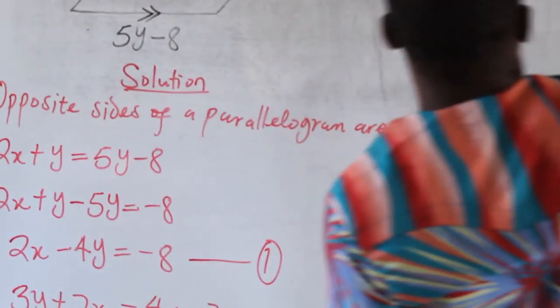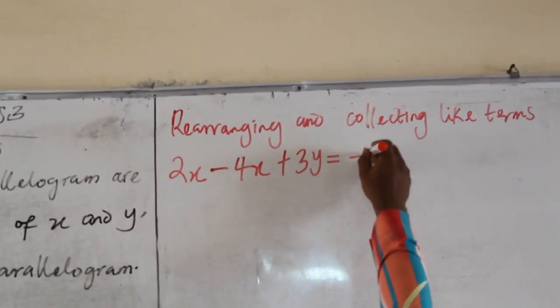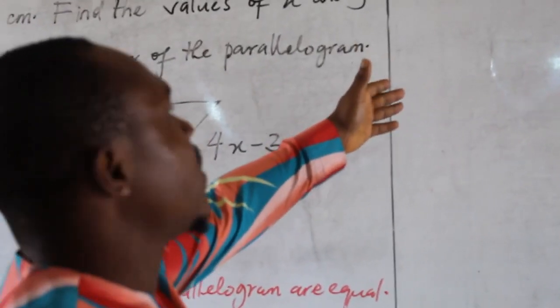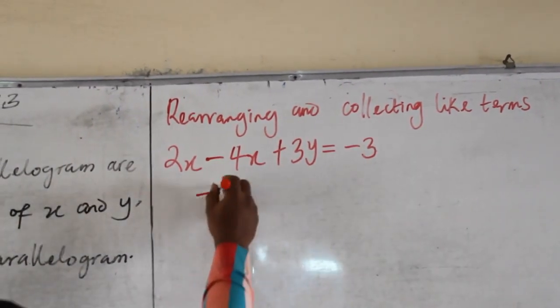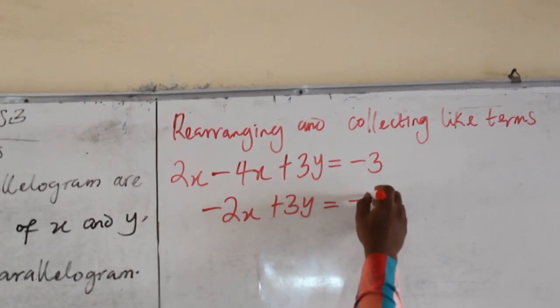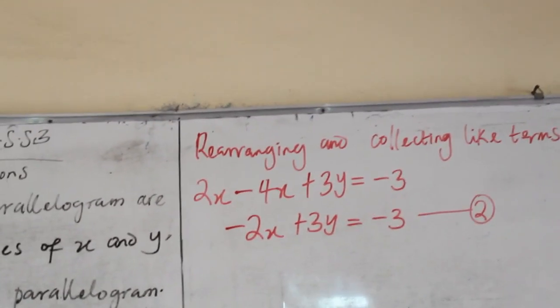Now I have 3y here is equal to minus 3. So just like we did the last time, with our knowledge of directed numbers, 2x minus 4x gives us minus 2x plus 3y is equal to minus 3. This becomes our second equation.